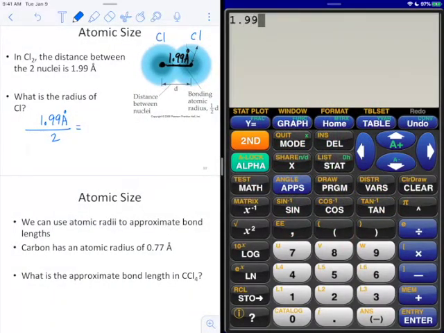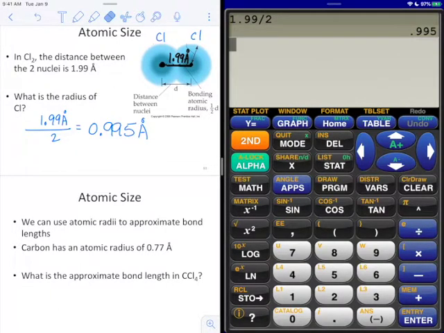It looks like 1.99 divided by 2, into 3 sig figs, I'm going to call that 0.995 angstroms, like so. All right, so then what we're saying is the radius of one chlorine is slightly less than 1 angstrom, 0.995. So any questions on this one?